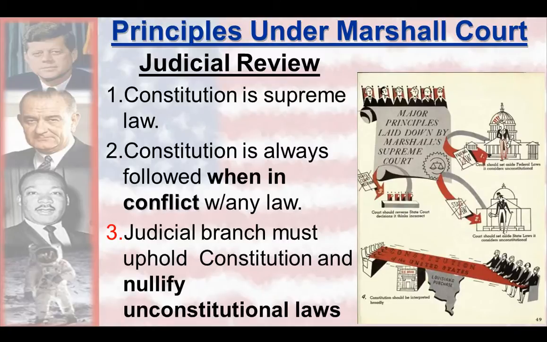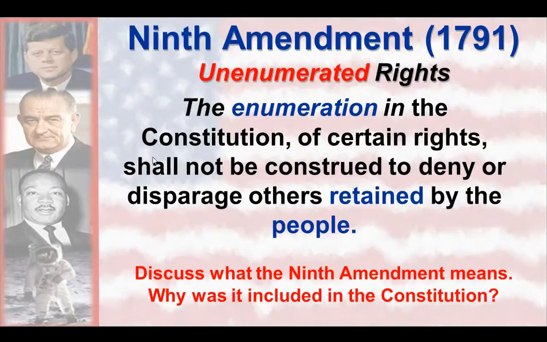This was a time when there was some uncertainty as to who could do what, the Supreme Court, the various branches, and what the Constitution meant. The Constitution is always followed when any conflict occurs with any other type of law at any level of government. The judicial branch is also the one in charge of upholding the Constitution and can nullify laws that are considered to be unconstitutional.